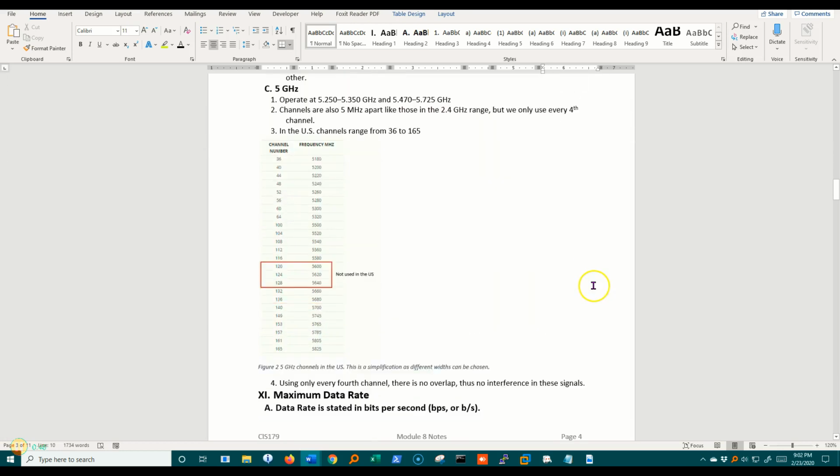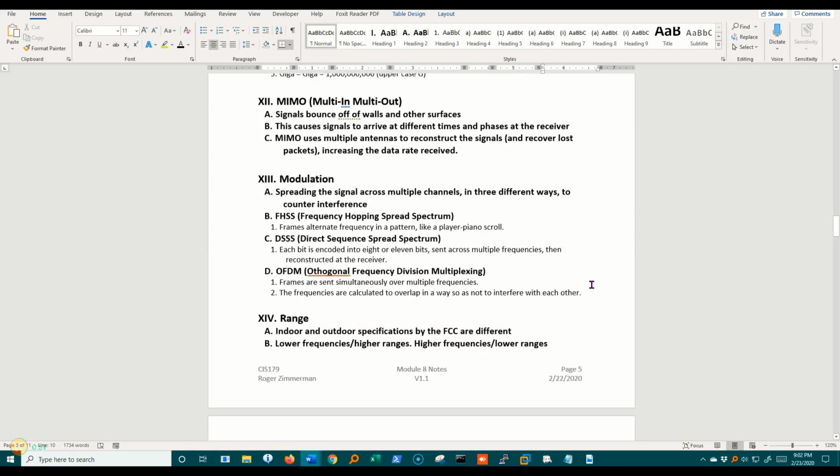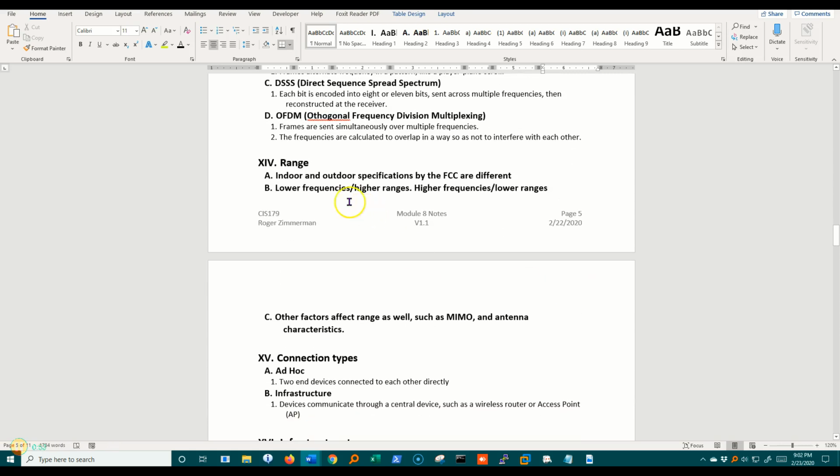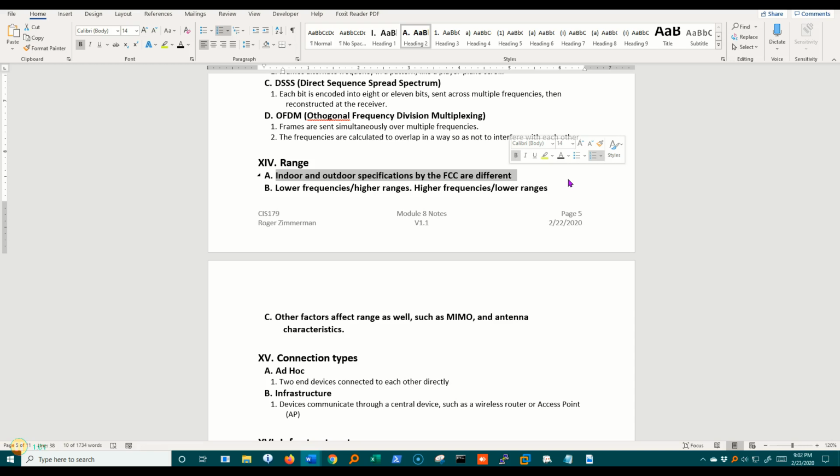Before I go into those, though, I want to take a look here at these points. Indoor and outdoor specifications regarding power are different by the FCC. So outdoors I'm allowed to use a lot more power and get a larger range. Indoors I'm limited.